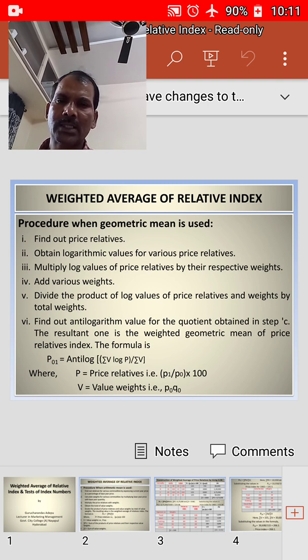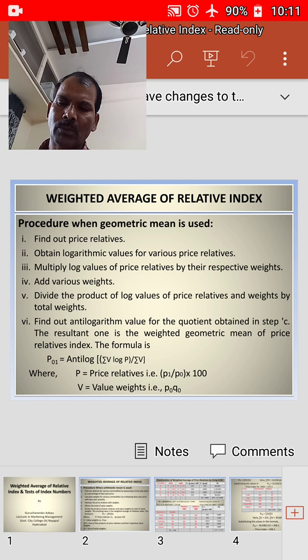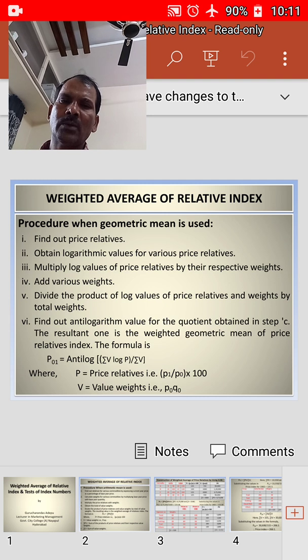Thus the formula is P01 is equal to antilog of sigma V log P by sigma V. That means V into log P we need to add, right? First we need to find the price relatives, and for them we need to find the log values.